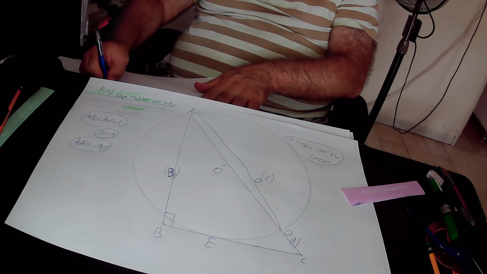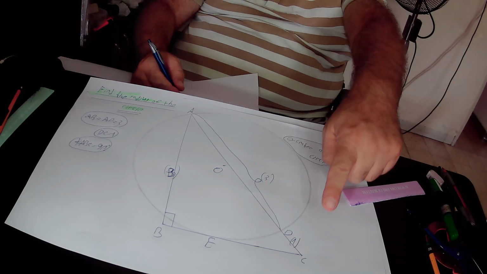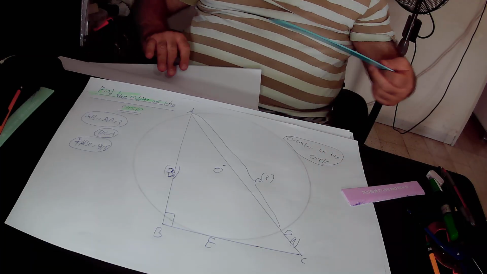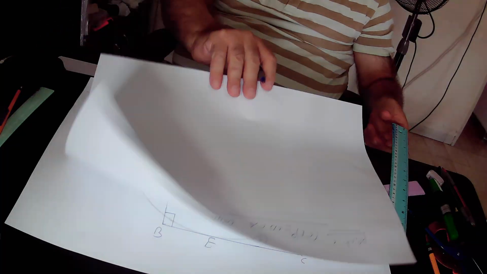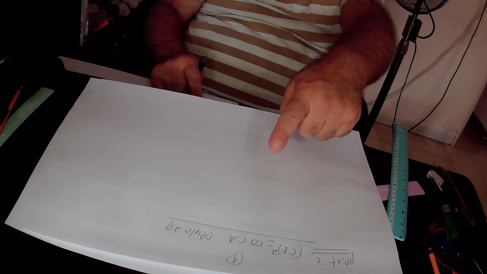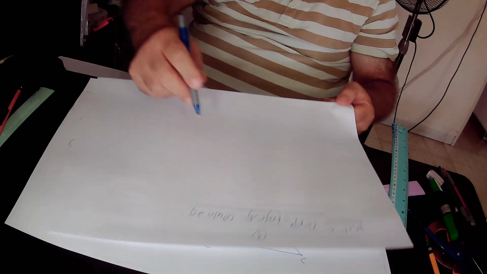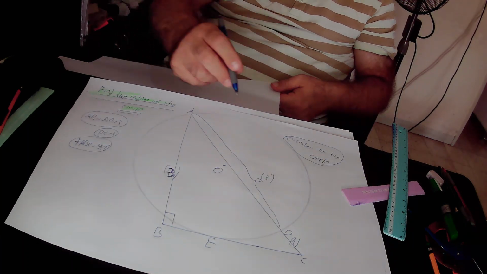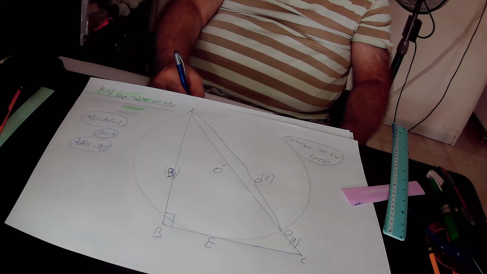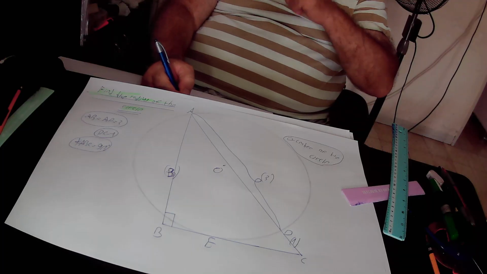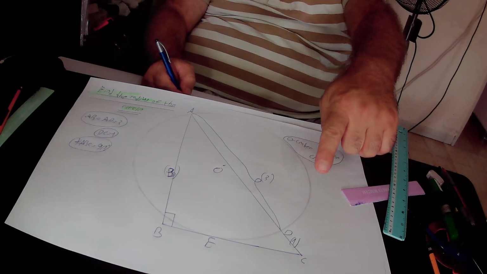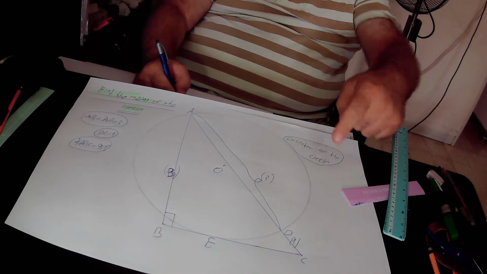Again, according to rule 25, if we focus on the common external point C, the following equation is true, that CE square equals to CD times CA. CE is the missing tangent, so we leave it as it is. It is CE square equals to CD. CD equals to 1 unit in its length times CA.